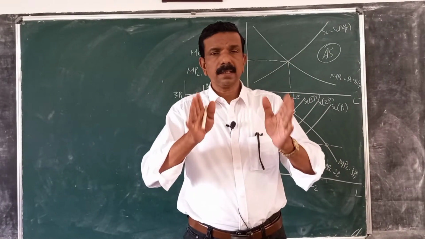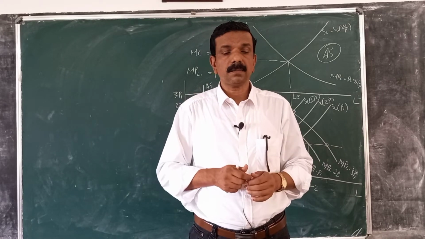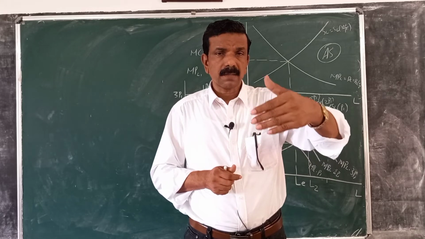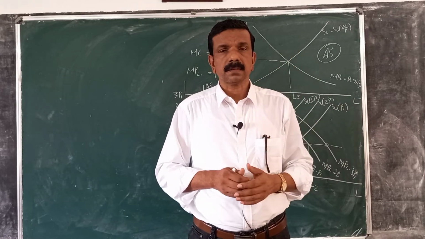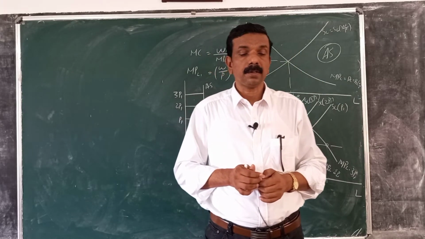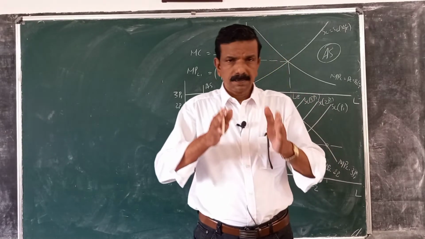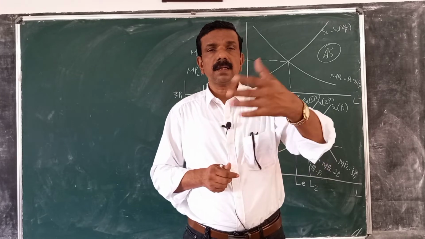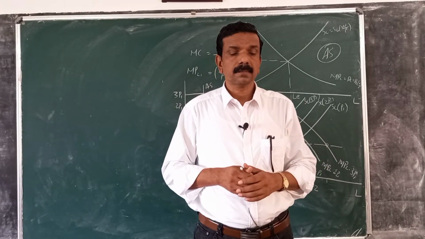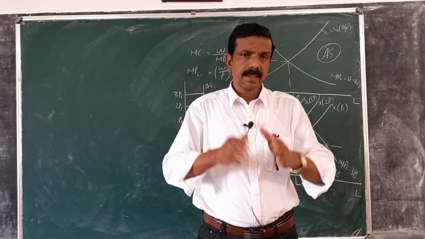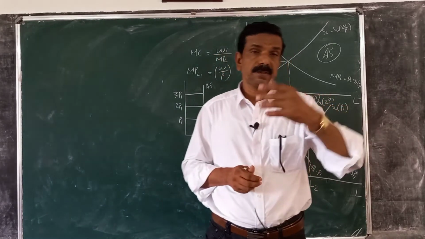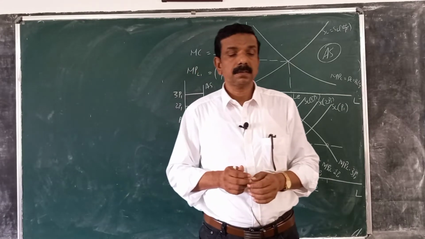So, the striking feature of the classical model is the supply determined nature of output and employment. This property follows from the vertical aggregate supply curve. And the aggregate supply curve is vertical because of the assumptions which we made about the labor market.